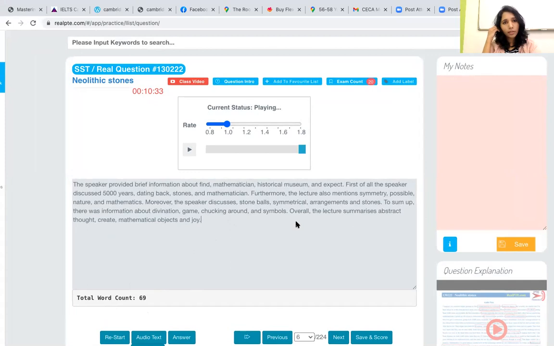I hope you're able to understand it, and I hope you're able to see what I'm trying to tell you. Now you proofread it, check for your spellings, check if you've put your full stop properly.